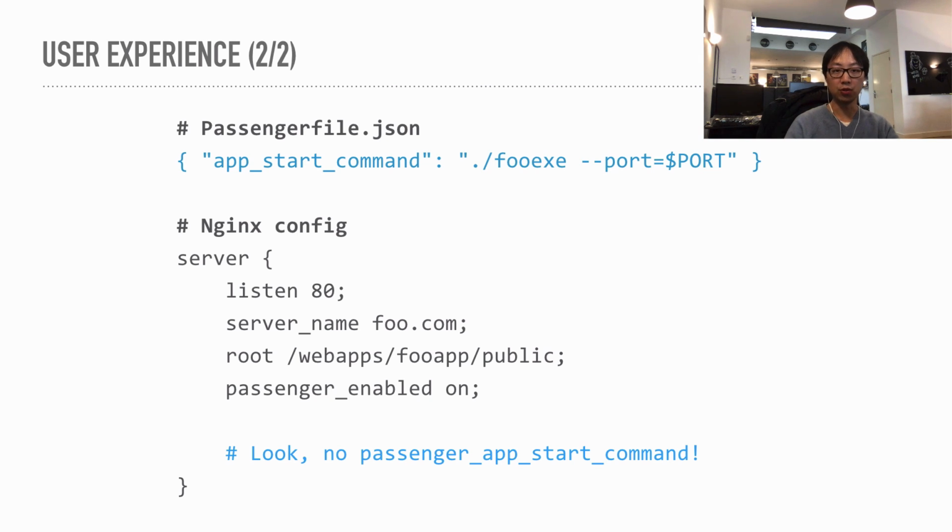If the user is using Passenger to serve a third-party app, then it would be great if the developer can help out by supplying a predefined start command. So we thought that if the app supplies a passenger.json file with a start command inside, then it would be a good idea if Nginx or Apache respects that, making manual configuration unnecessary.